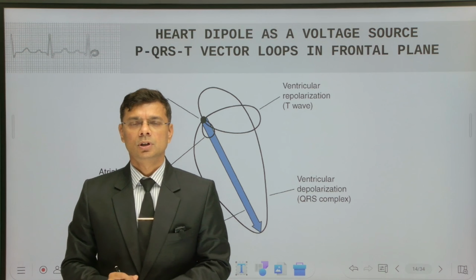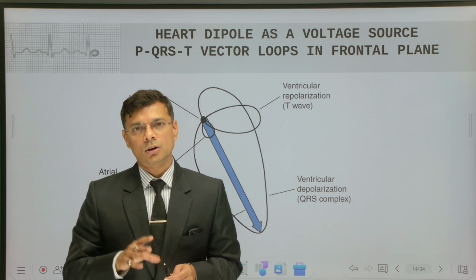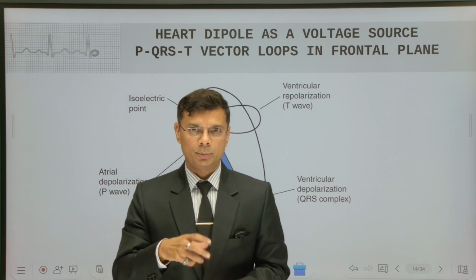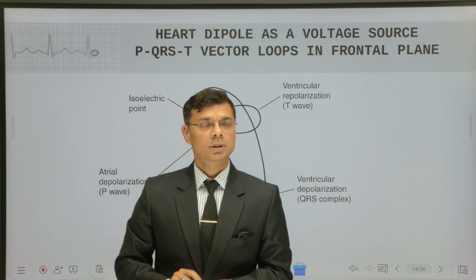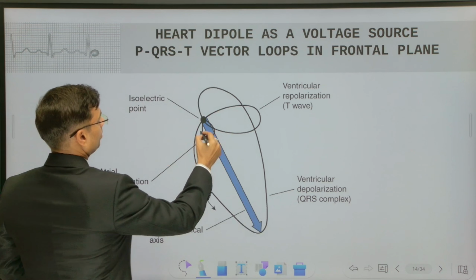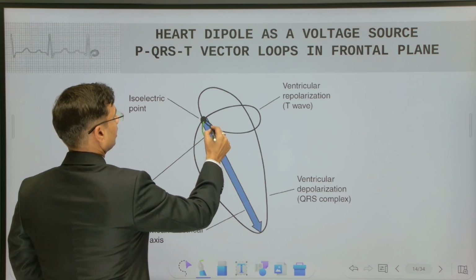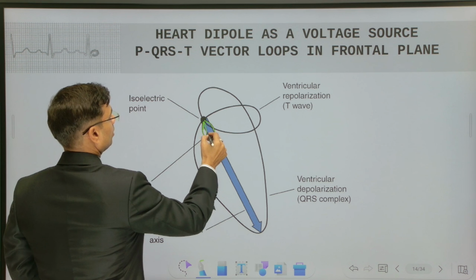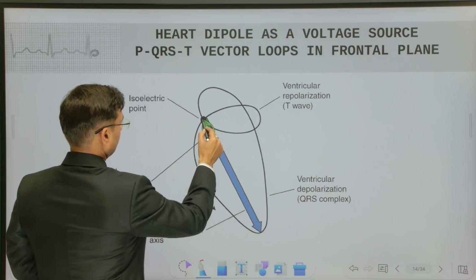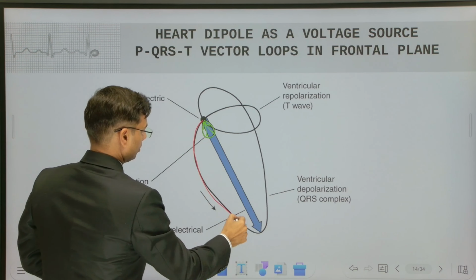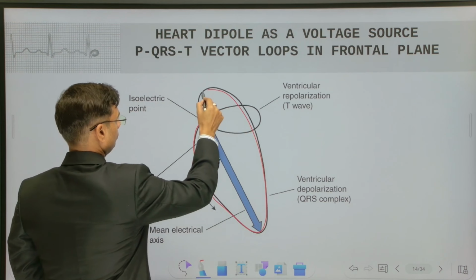there is no vector. So I hope you understand how the heart dipole vectors are forming because of the distribution of charges. So we can sum up, this is the P vector loop. Here vectors are forming in this way, and similarly this is the QRS vector loop.